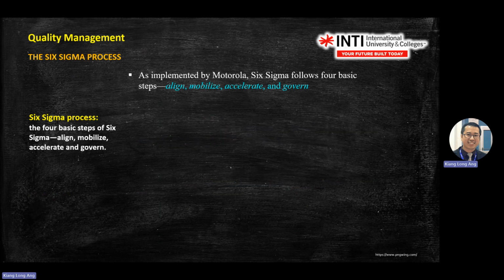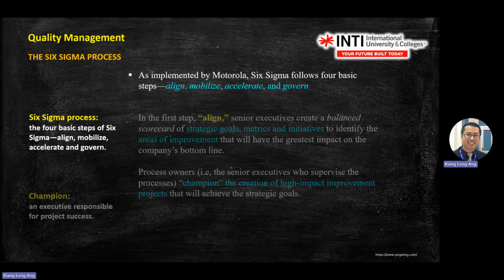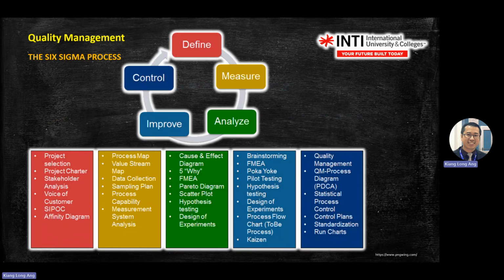This one also you read. The Six Sigma process has 5 phases: define, measure, analyze, improve, and control. So all this you read. For define, you have all these things.